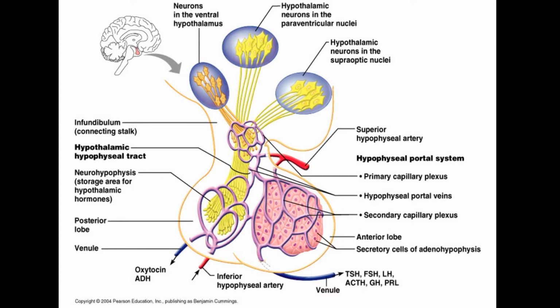On the other hand, if you're talking about the posterior pituitary, notice that these neurons have very long axons, and those hormones then are stored in the posterior pituitary and then released into the bloodstream, and oxytocin and ADH are going to then be released into the systemic blood in order to have some type of effect.